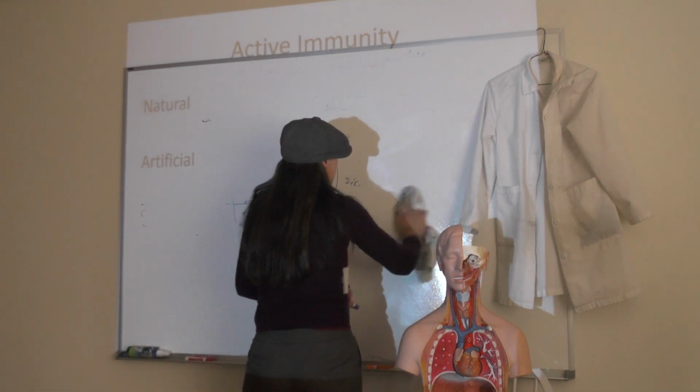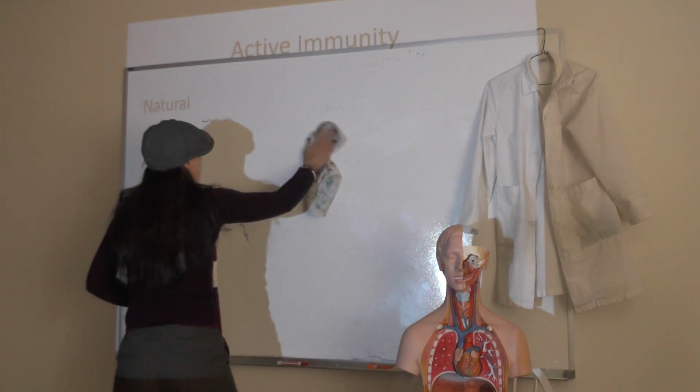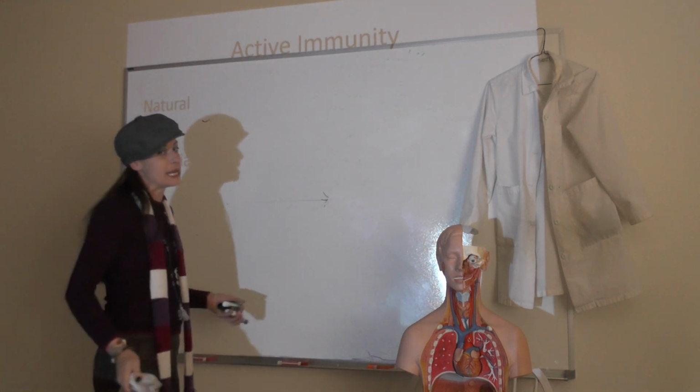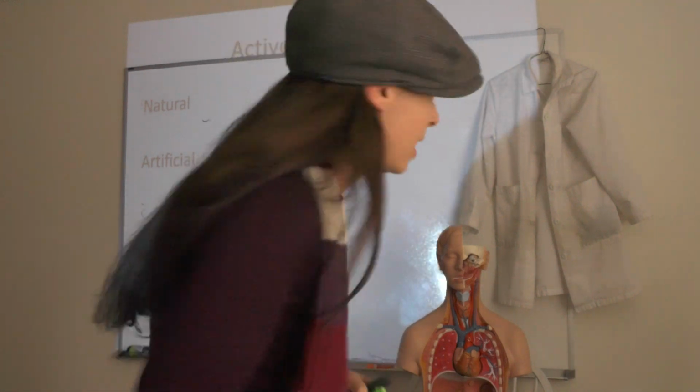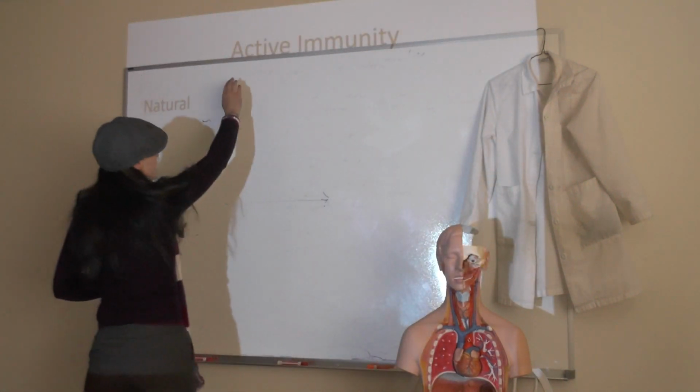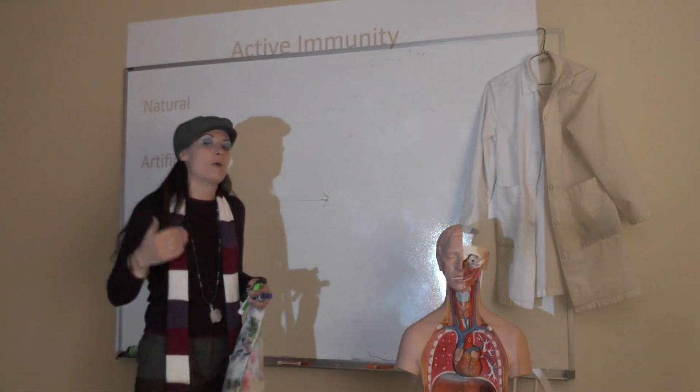So the last thing then that we're going to talk about is different ways that we can achieve immunity, which is protection from disease, right? We can get it actively or we can get it passively, and then in either way, actively or passively, we can also get it naturally or artificially. So what are we talking about here? In active immunity, I am actively forming lymphocytes to an antigen.